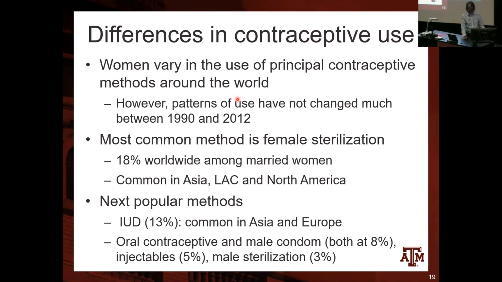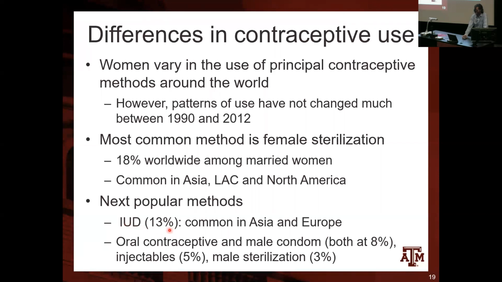And there are differences in contraceptive use. Women vary in the use of principal contraceptive methods around the world. The patterns of use have not changed much between 1990 and 2012. The most common method is female sterilization, 18% worldwide among married women. It's common in Asia, Latin America, the Caribbean, and North America.